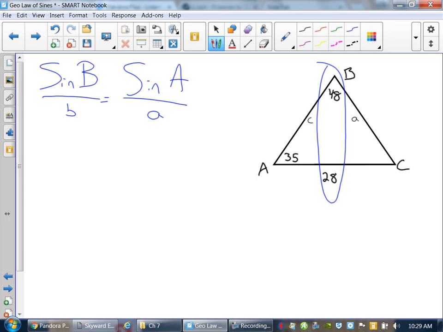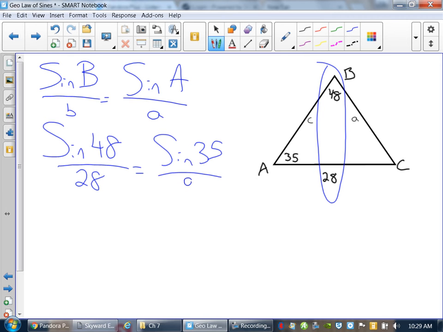Since I don't know what the side is across from angle A, I'm going to call that little a. It's convenient how it works like this. So now I just fill in the blanks. So it gives me the sine of 48 is to 28, as the sine of 35 is to a.